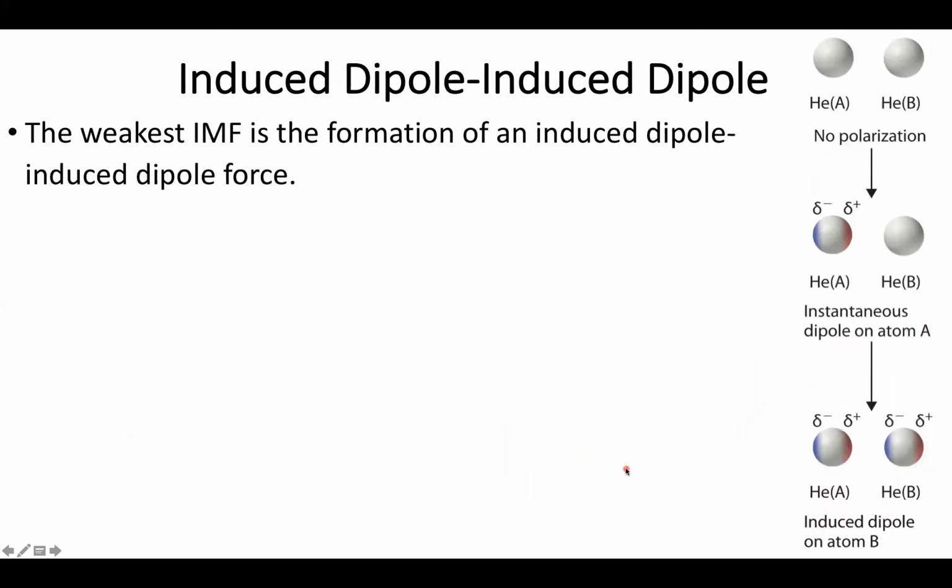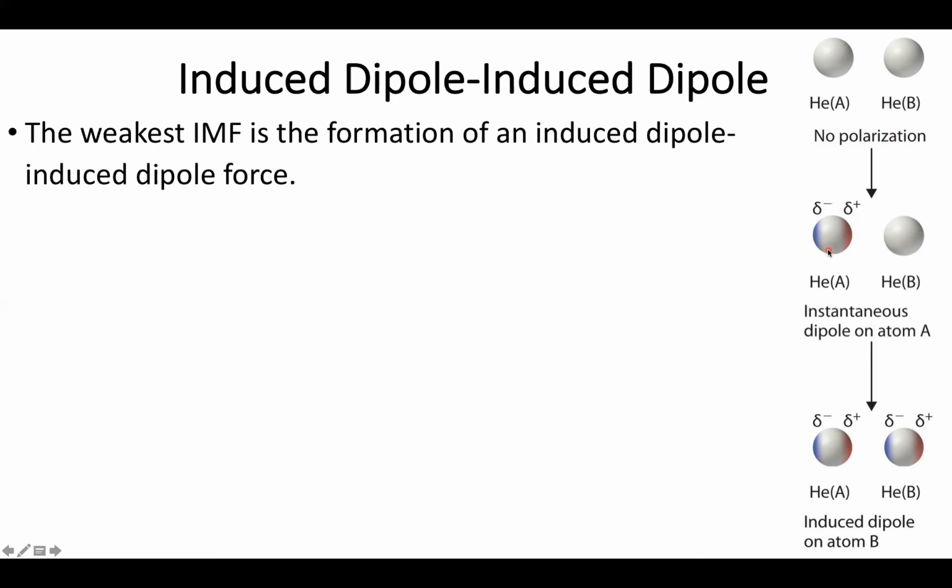Now, if no polar molecules are present at all, and all I'm dealing with is non-polar molecules, we have the leftover force, induced dipole, induced dipole. So the idea here is that I've got, say, two nonpolar atoms or molecules. Take helium for a simple example. They have really no interaction, but electrons move from side to side.